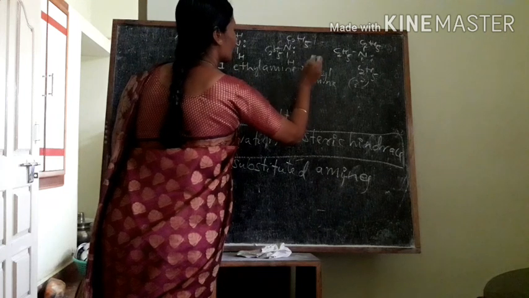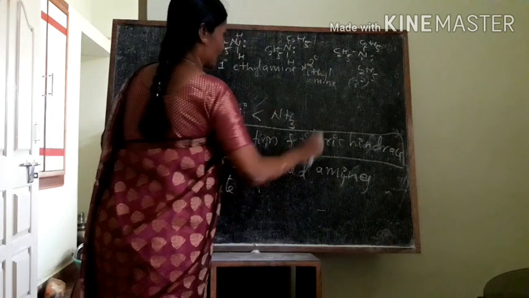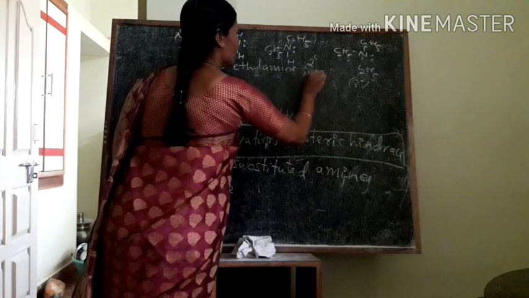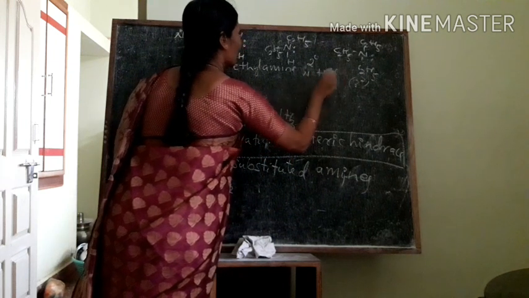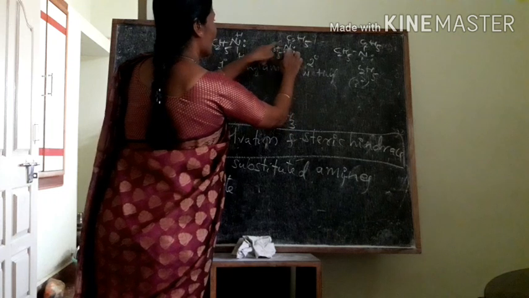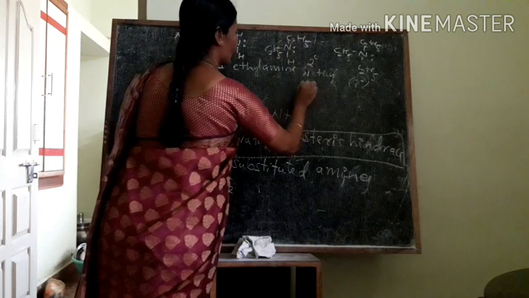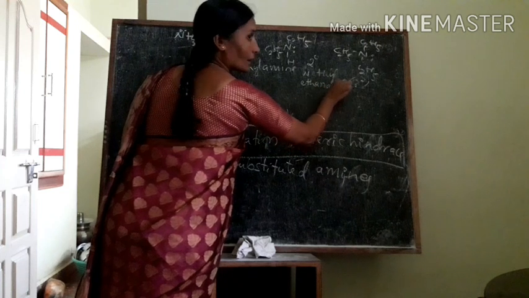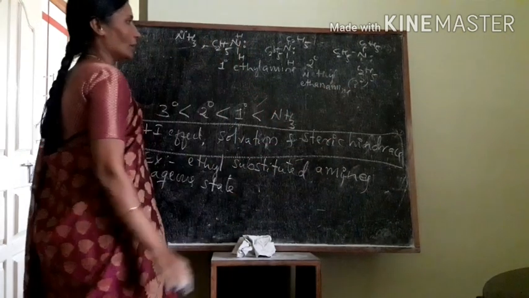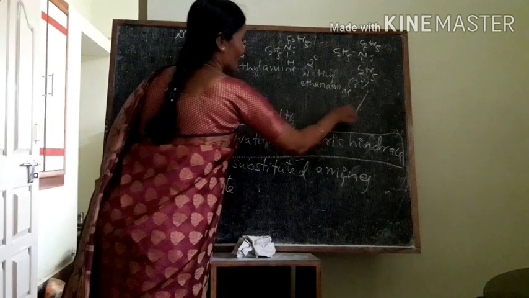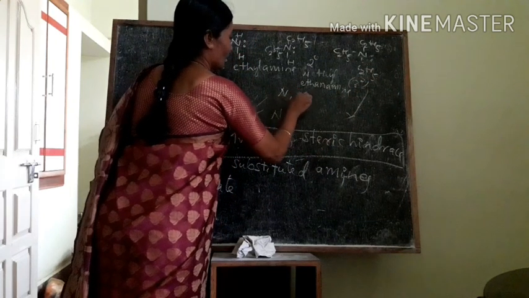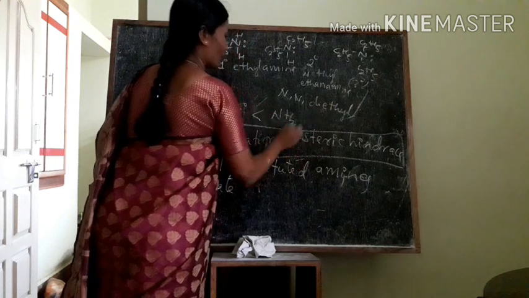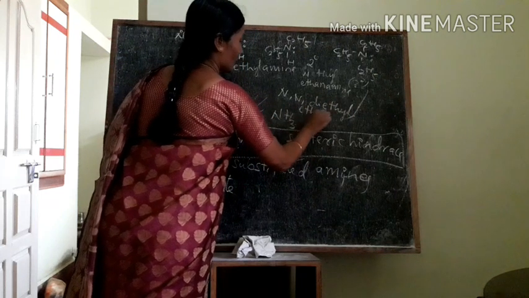You can take the IUPAC name for secondary amines: N-ethyl ethane amine. Now for the tertiary its name becomes N,N-diethyl ethane amine.